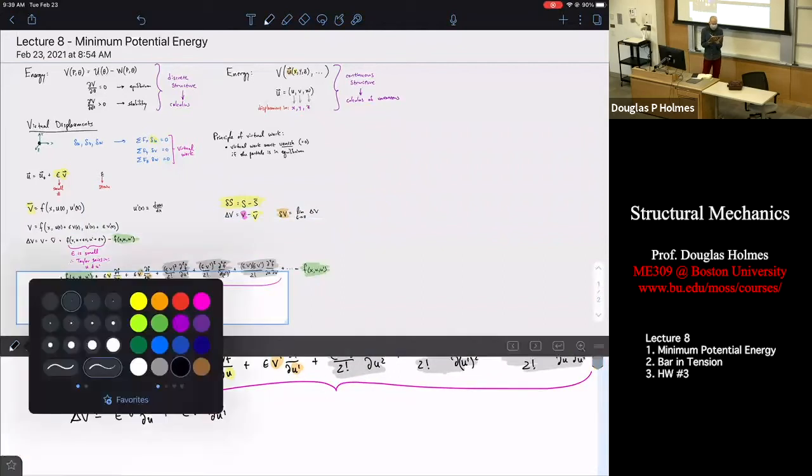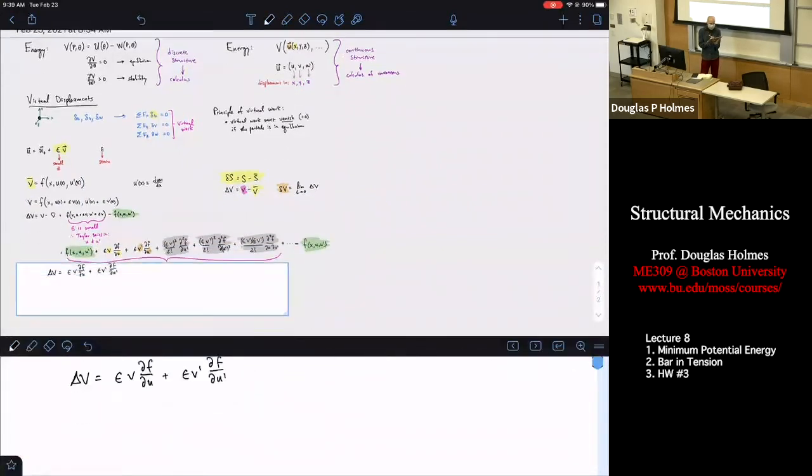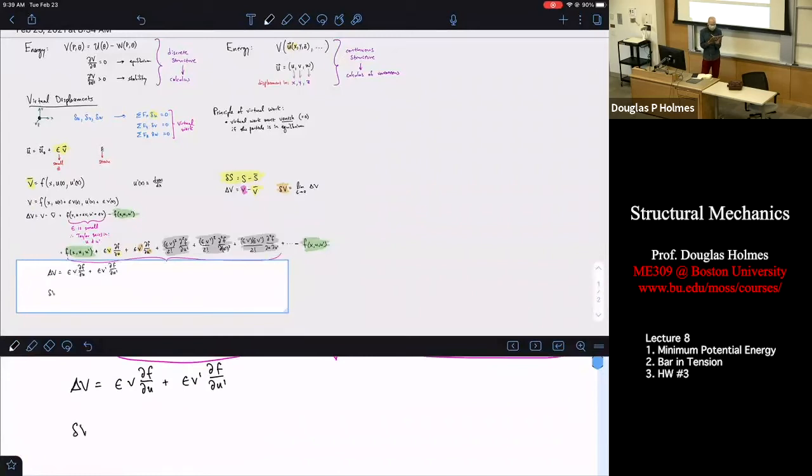I kind of sugar-coated what that limit looks like. The true limit looks like this. The first variation of our total potential energy is going to be, we can factor out this epsilon times the limit as epsilon goes to 0 of our delta V, and it's actually divided by epsilon here.